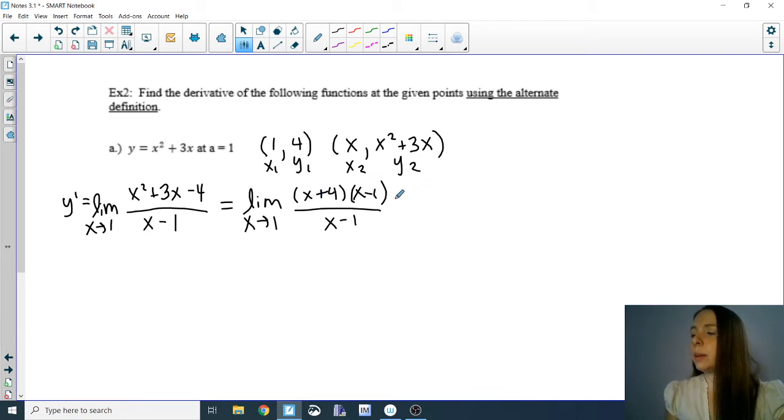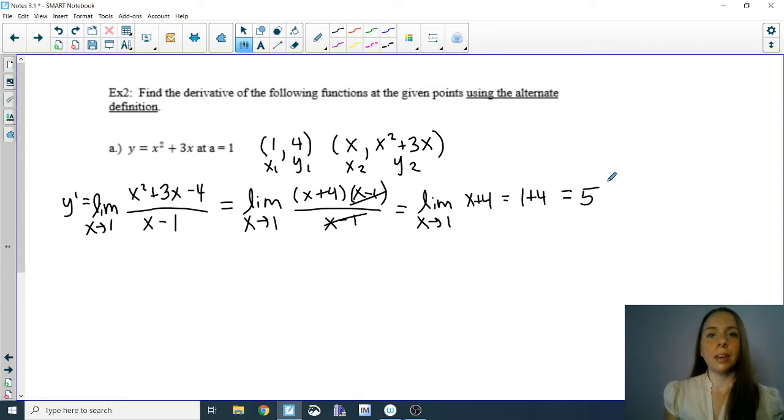Yep, okay. And then we have this happen. This is like the good stuff happening, right? So now we are doing the limit as x approaches 1 of just x plus 4, and we can sub 1 into that and get a derivative of 5. Yay!